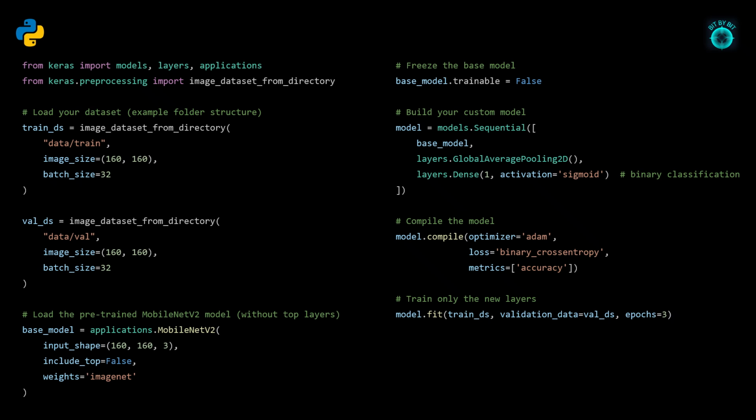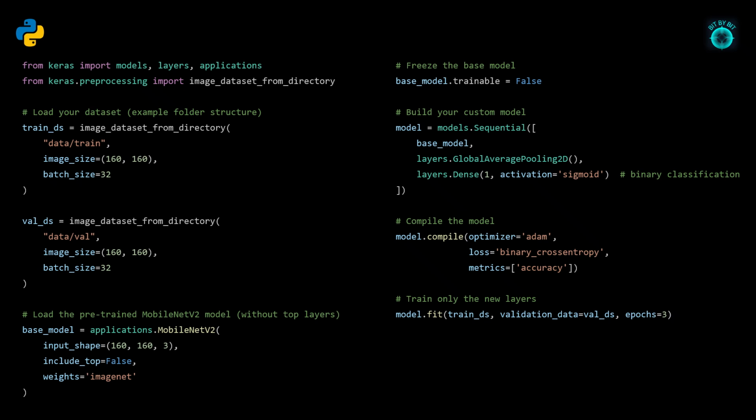Next, we load the MobileNet version 2 model, but we exclude the top classification layers by setting include_top to false. This keeps the convolutional base, which already knows how to recognize useful image patterns. Then, we freeze the base model by setting trainable to false. That means the pre-trained weights will not be updated during the first training phase.